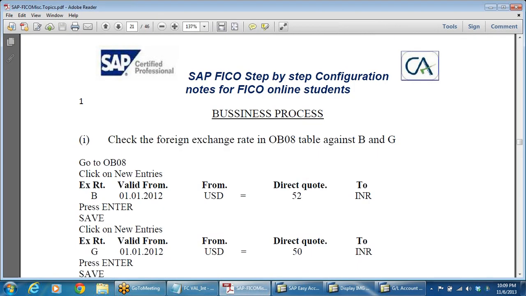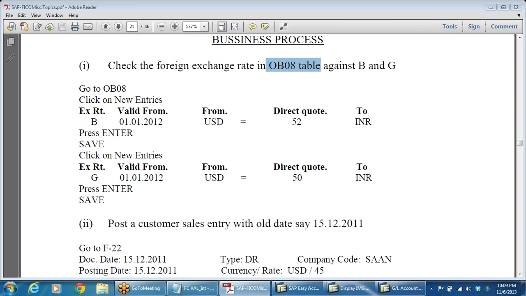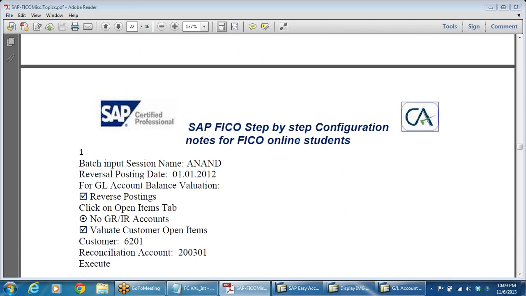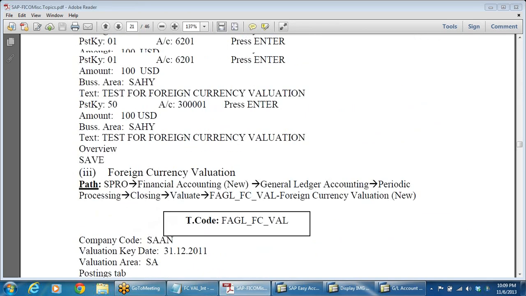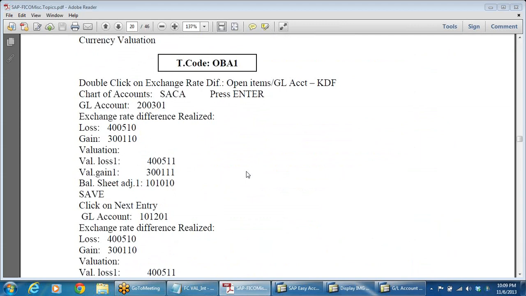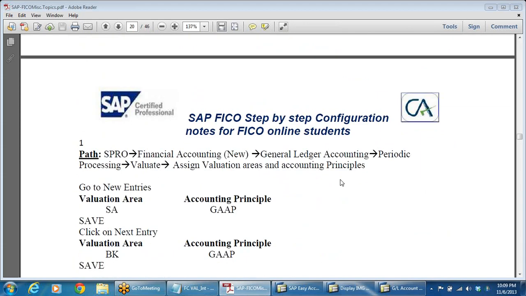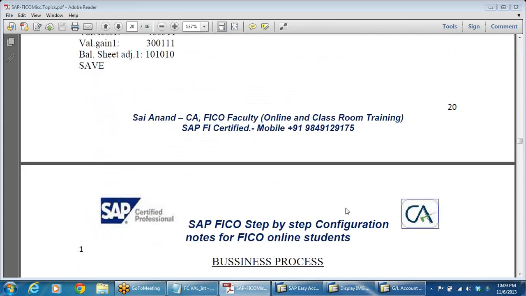See here, business process, right? Check the foreign exchange rate, OB08 table, and enter the business process I have given here, and sales entry is posted. Exchange difference rate, payable gap, yeah.